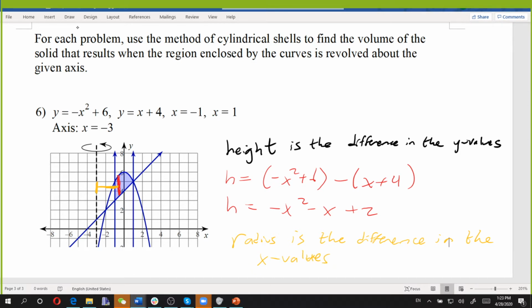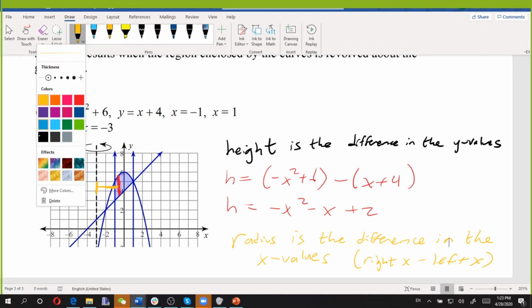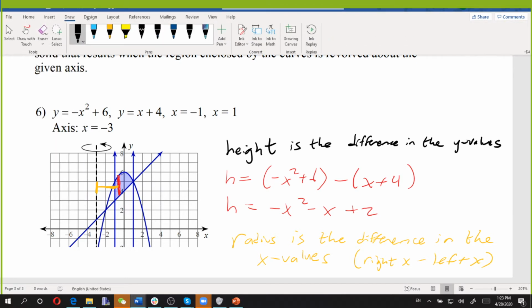Okay, radius is the difference in the x values in the same way that the height is the difference in the y values. The radius is always right x minus left x, and the height is always top y minus bottom y.